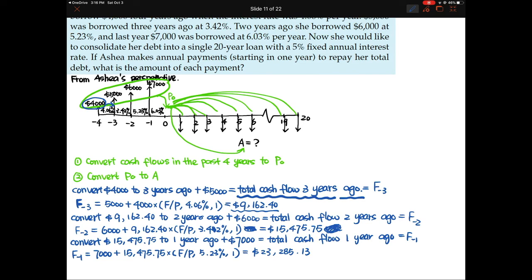Okay, and then you want to convert this to a present time. Okay, that's the time you have the P0. Okay, so convert this 23,000 something to present time.